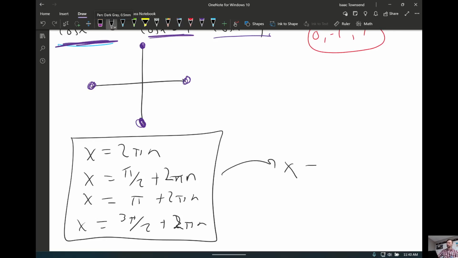You can make all 4 of those statements into a single statement by simply naming the first angle and then figuring out how much you have to add, assuming the rest of these are equidistant. Add pi over 2, add pi over 2, add pi over 2, add pi over 2, and then you start getting coterminal angles.